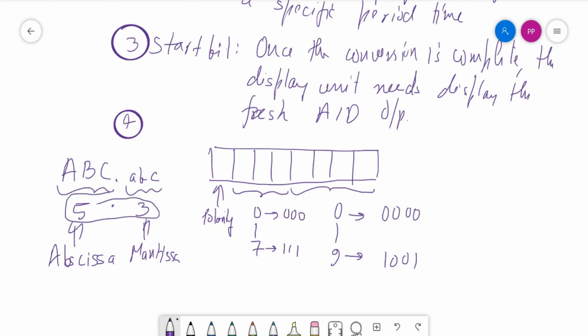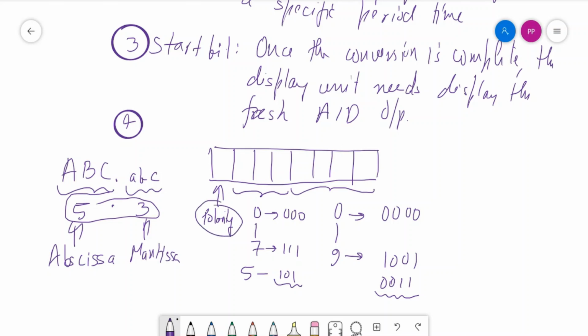Here 5 is presented as 101 and 3 is presented as 0 0 1 1, right? So you got the 5.3 displayed as this, and for the time being I'm avoiding the polarity sign.